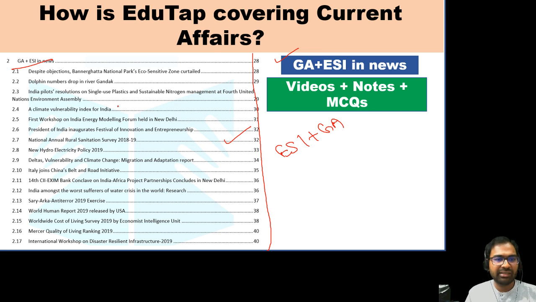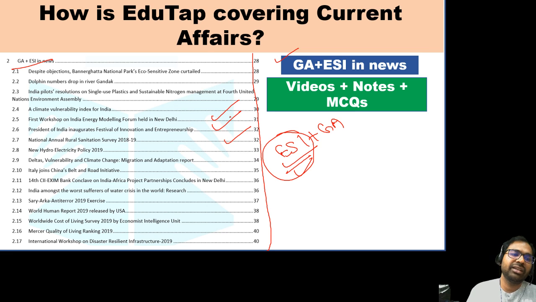Please internalize the syllabus. All these topics have been identified from the Hindu, the Live Mint, Business Standard and PIB based on the syllabus of ESI. Whatever has been written in ESI, we have internalized the syllabus, and based on that syllabus, we have made these items of GA plus ESI. Why GA plus ESI? Questions can be asked in GA, questions can be asked in ESI.